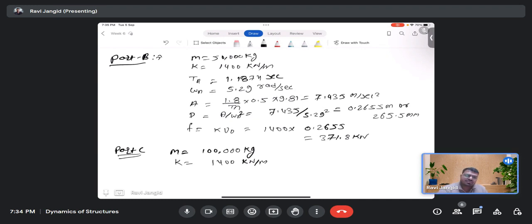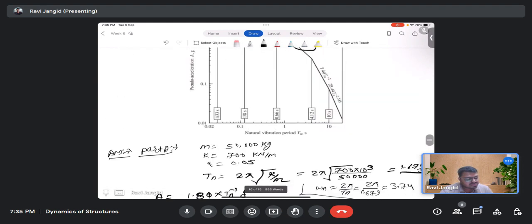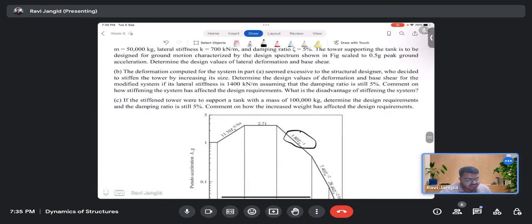No, no, after part B, now we are doing that case. Then we can't compare, right? No, that is after increasing the stiffness. Like, what is the mass? What is the base shear here? Read the question properly. If the stiffened tower, okay.